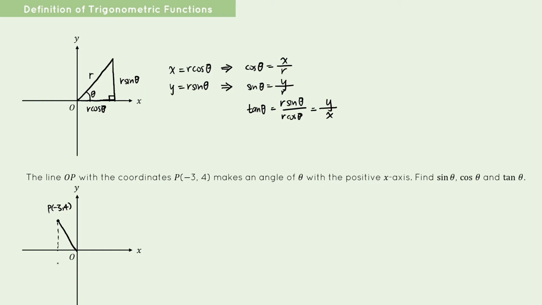Basically this is -3 and this is 4. It is given that it makes an angle theta with the positive x-axis. By using our definition that we derived above, can we find sine theta, cosine theta, and tangent theta?